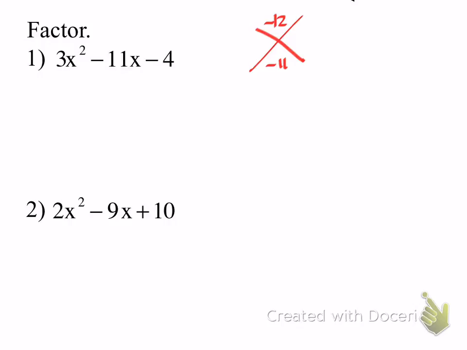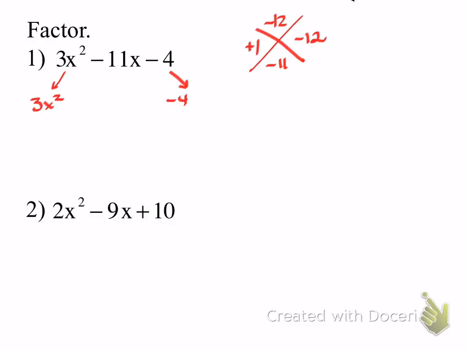And what are my two numbers there? Platty? -11 and... Not negative 11. Negative 12 and positive 1 or negative 1? Positive 1. Okay, so in the original problem, remember, we use the first term, we use the last term. 3x squared minus 4.